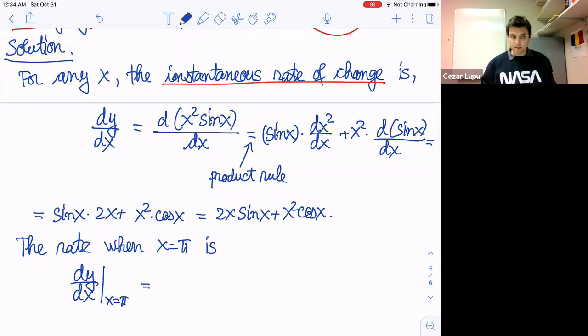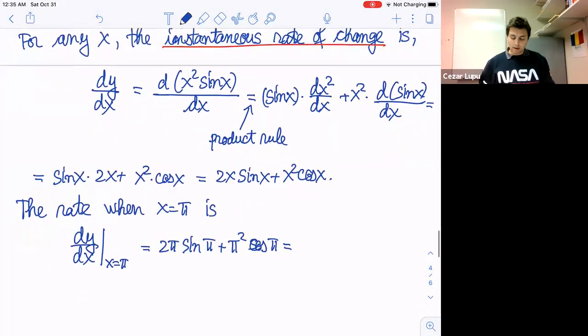So this would be nothing else. We're just going to replace x here. So this would be 2 pi sine of pi plus pi squared cosine of pi, which is nothing else. Well, sine of pi is 0, cosine of pi is -1. So this would be 2 pi times 0 plus pi squared times -1. So this would be equal to negative pi squared, right?